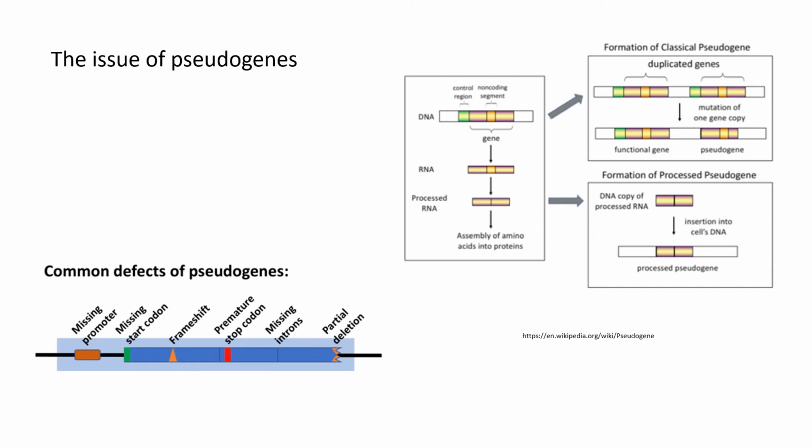Why? Because of a variety of things. They may have some mutation in them. They may have a segment that's deleted. They may be missing what's called a promoter sequence that allows that gene to be turned on and for transcription to begin and so forth.